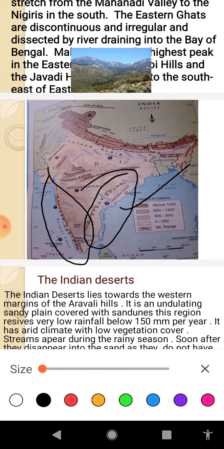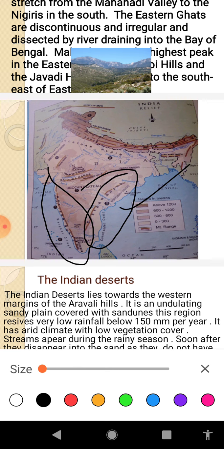And with regard to the Eastern Ghats, they have comparatively lower elevation and their average elevation is about 600 meters above the mean sea level.